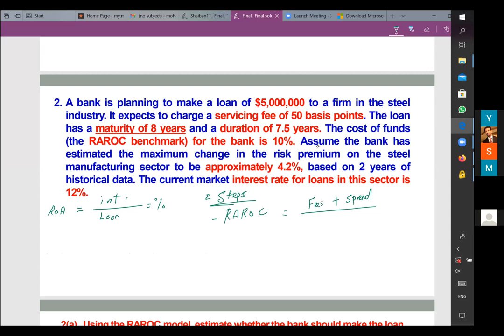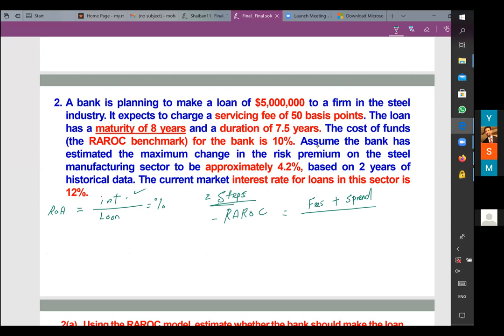And these fees have to be every year. We are not calculating the whole interest, but the additional income that will be created when I give this loan, which means the marginal income.